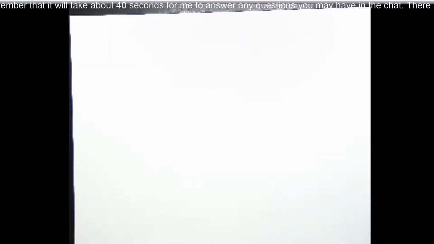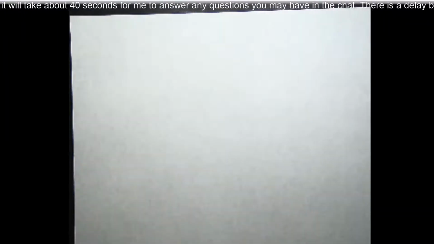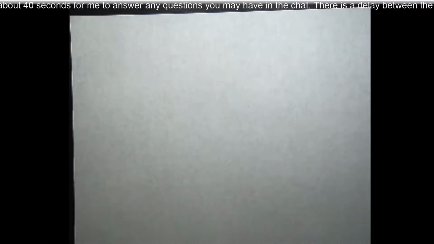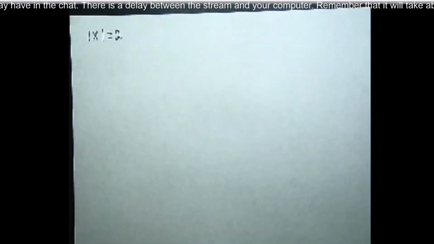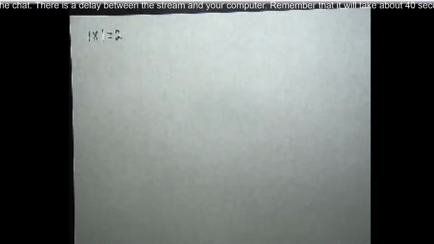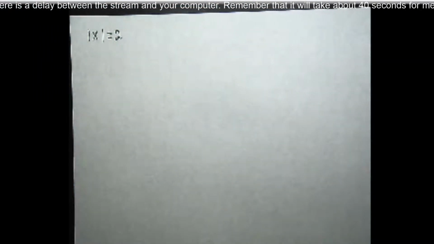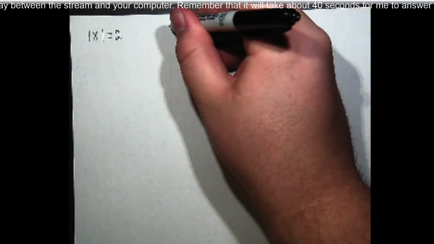So let's go ahead and start looking at these things in equations then. Now remember what I said at the beginning of class today: if we have the absolute value of x equals 2, then what are the answers for x? Negative 2 and positive 2.